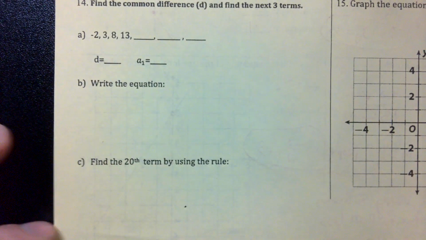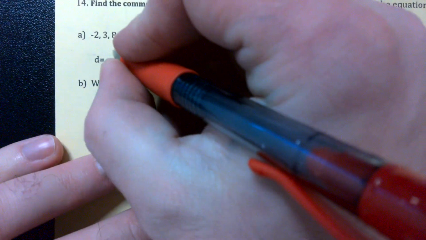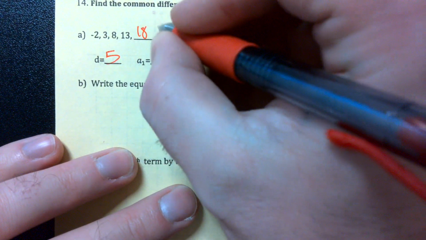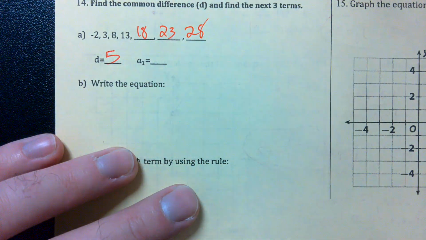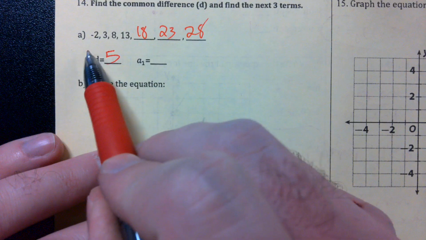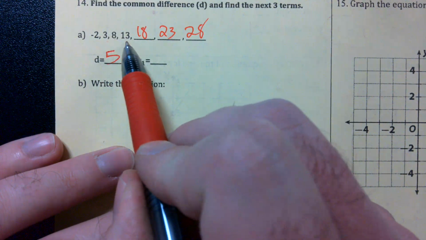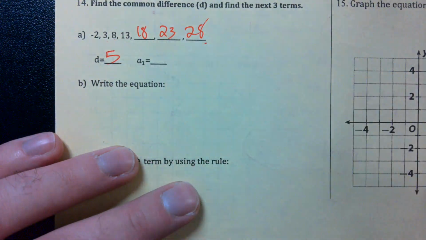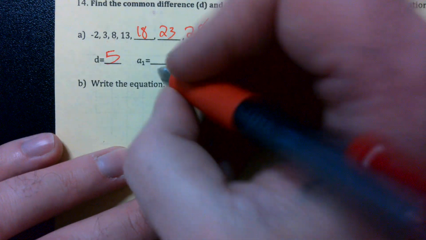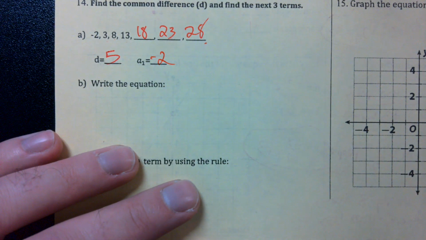Number 14, arithmetic sequence. What's my common difference here? 5. So I got 18, 23, 28. Notice a little pattern here: a 3, then an 8, then a 3, then an 8. What's my a sub 1? Negative 2.